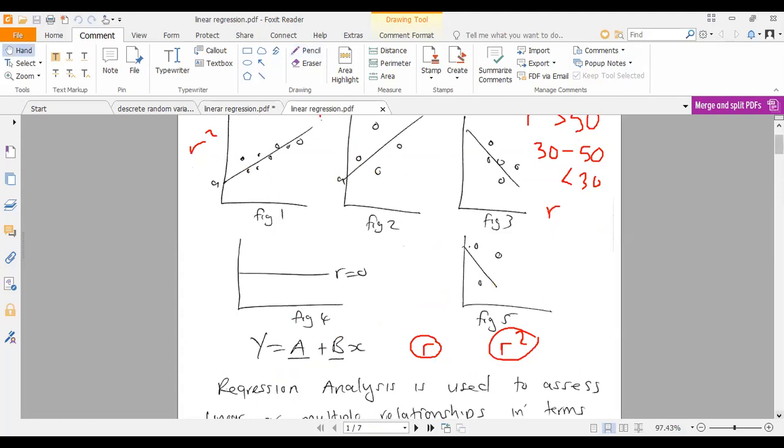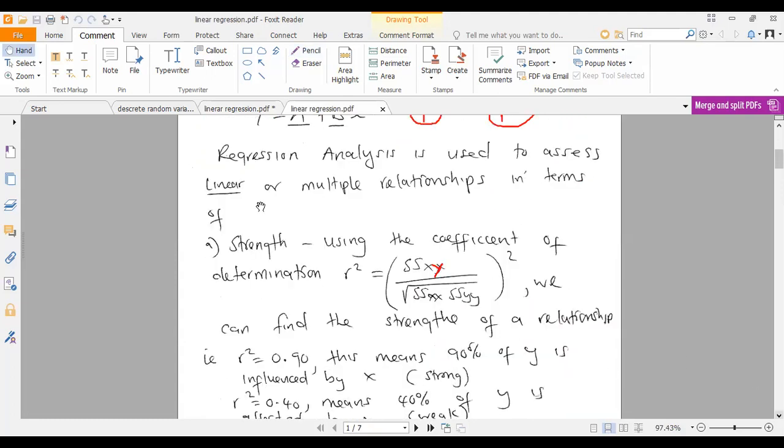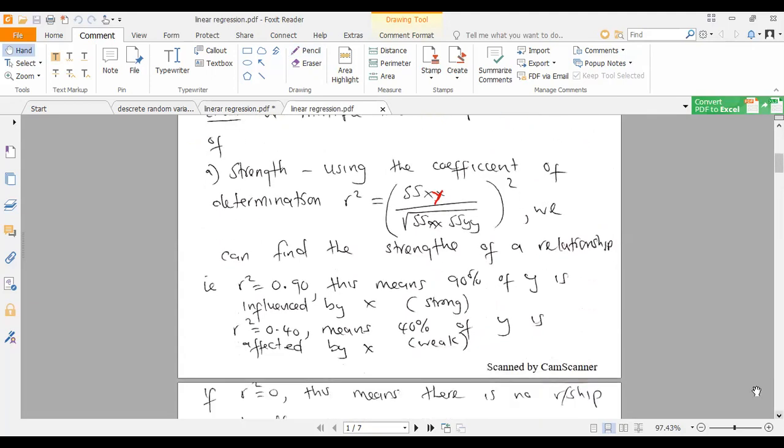For you, you need to understand that regression is used to ascertain the strength using our R squared, which is the coefficient of determination, given by SS xy divided by SS xx times SS yy. It tells you how much of y is influenced by x. For instance, if our R squared is 0.9, it means 90% of y was as a result of x.